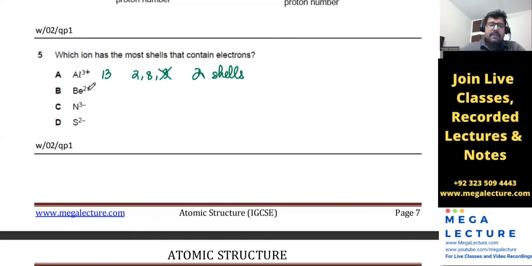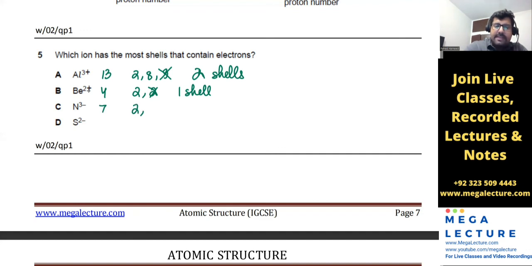Beryllium, according to the periodic table, has 4 protons. So it's going to be 2 and 2, right? But it's got a +2 charge, so the outer 2 electrons are gone. So it's got just 1 shell, right? Nitrogen, the proton number is 7.